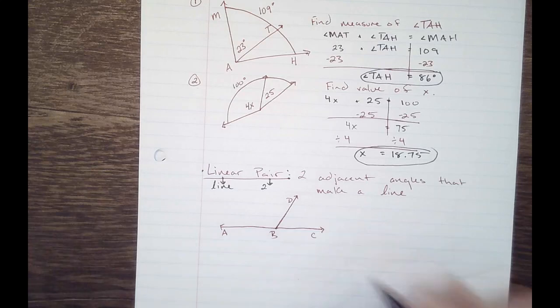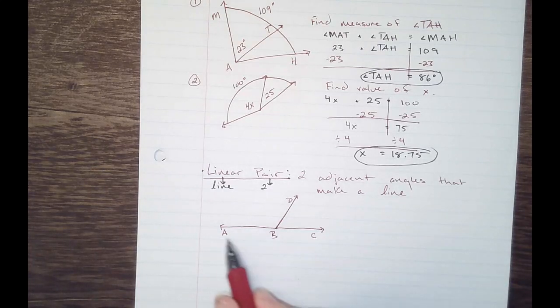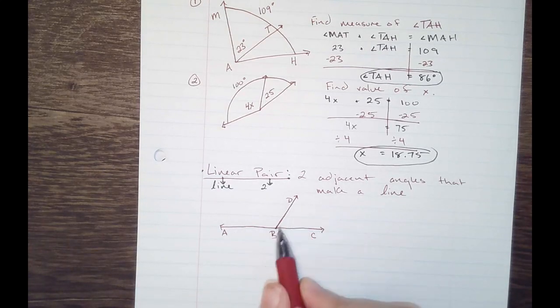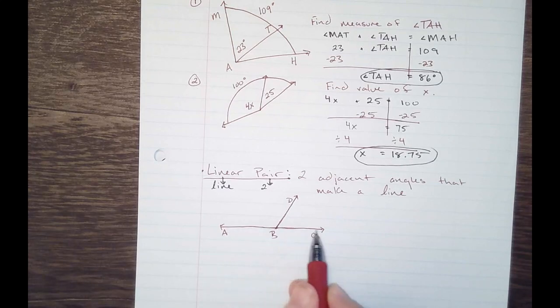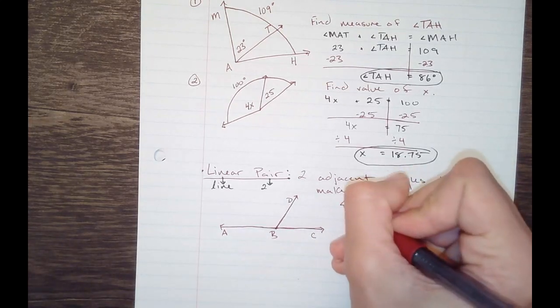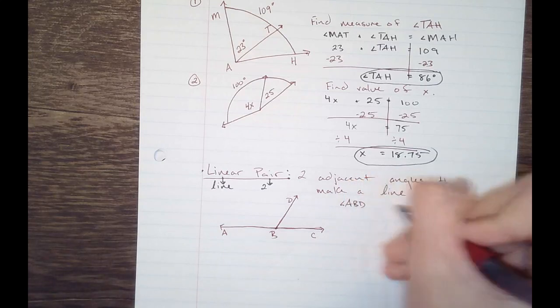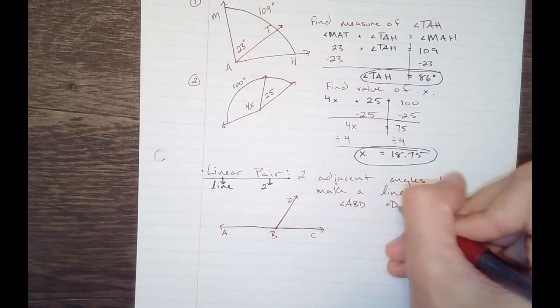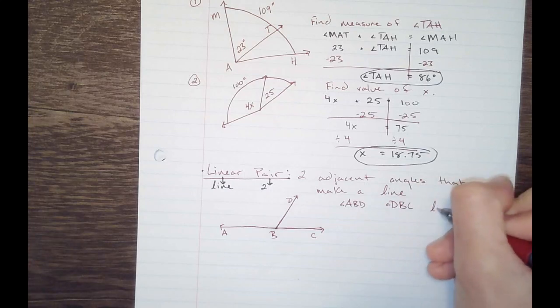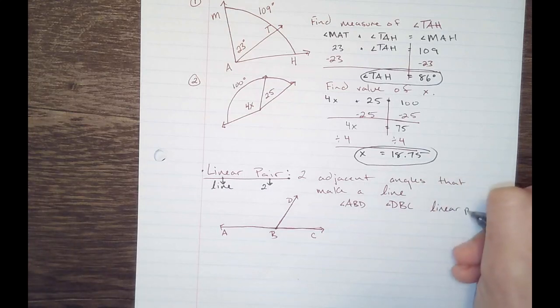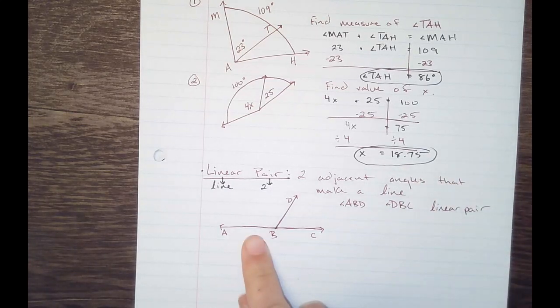So angle ABD and angle DBC are a linear pair because they're two adjacent angles. They're two angles that are next to each other that form this line. And last week we talked about when we have two angles that are forming a line, that means they are supplementary.